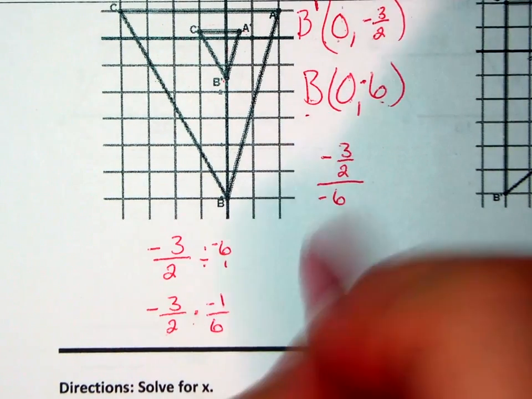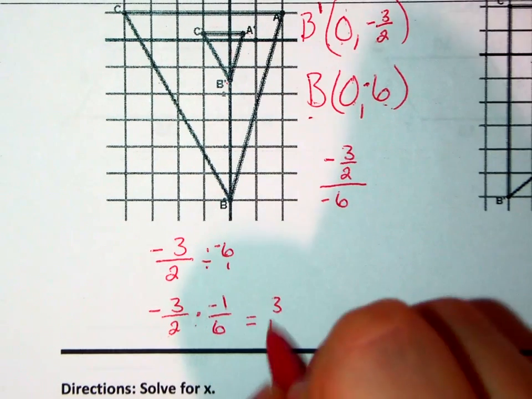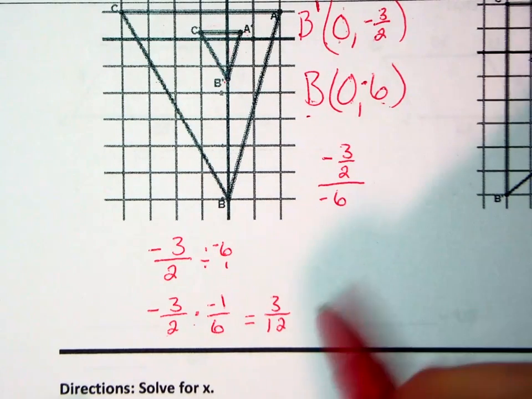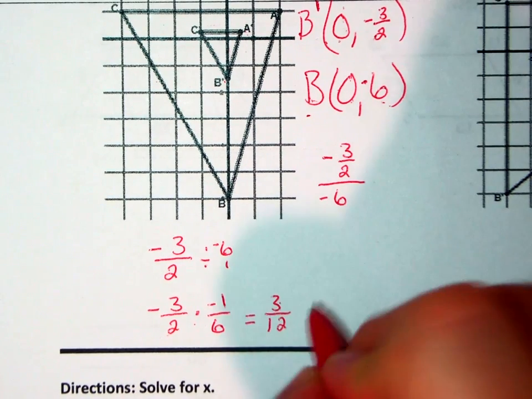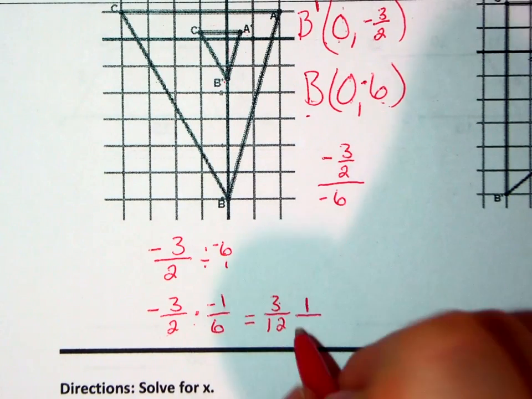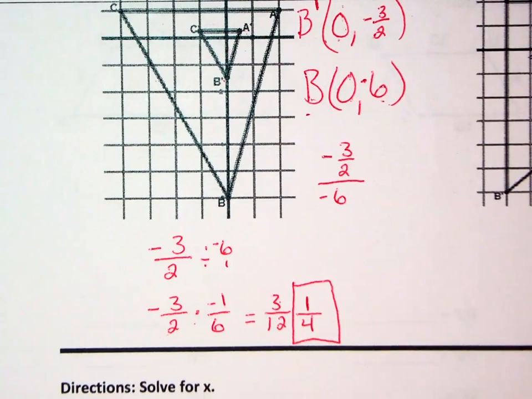Negative 3 times negative 1 would be positive 3. 6 times 2 is 12. This would simplify. 3 goes into 3 one time. 3 goes into 12 4 times. And so my scale factor would be 1/4.